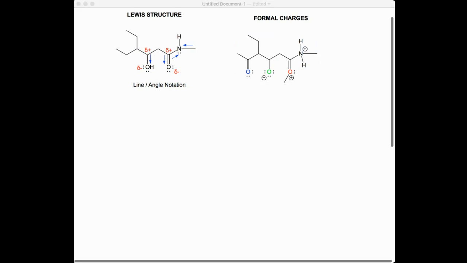So once again, 5 electrons in the valence shell of nitrogen. It has 4 electrons in the structure from the bonding electrons, there is no lone pair, so it's lacking 1 electron. Thus, the formal charge is +1. Okay, all right.